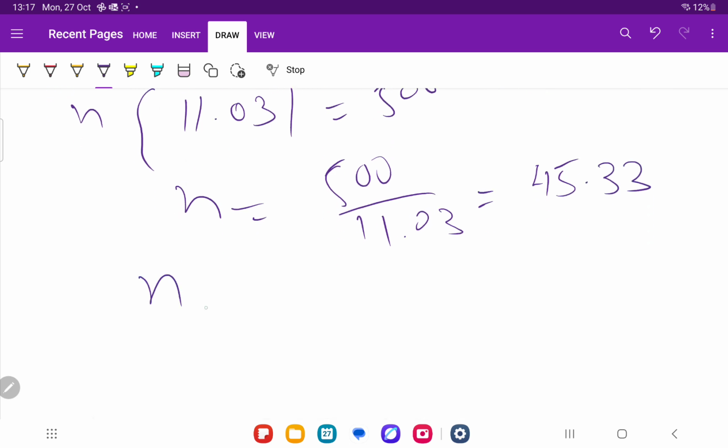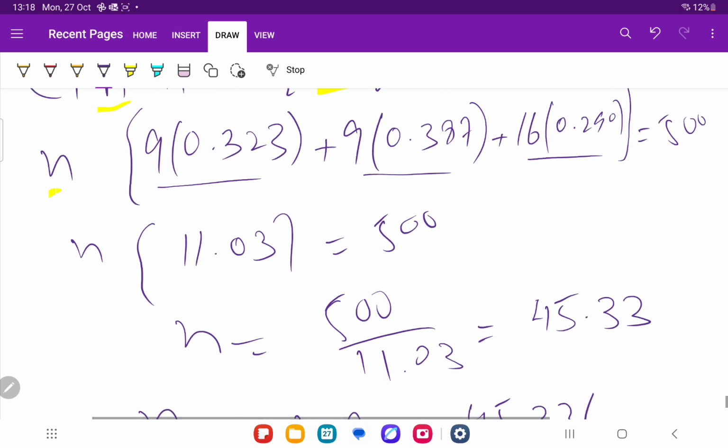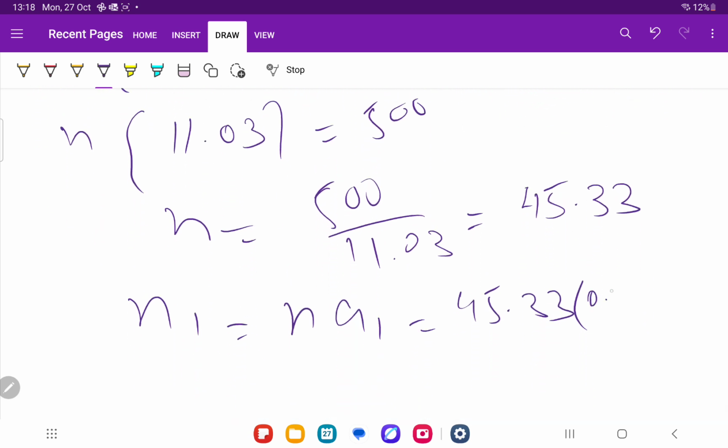It means that N1 is N times A1. So we have 45.33 multiplied by A1, which is 0.323. The answer is 14.64, so approximately 15.